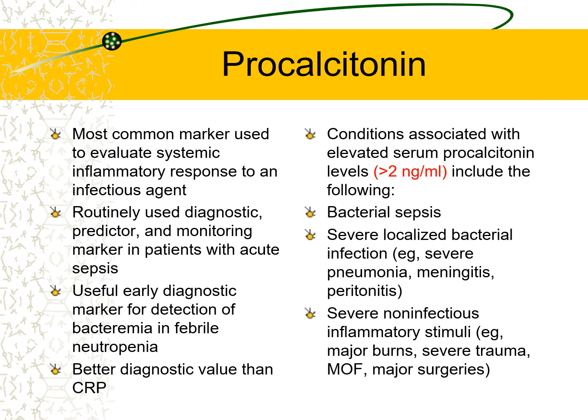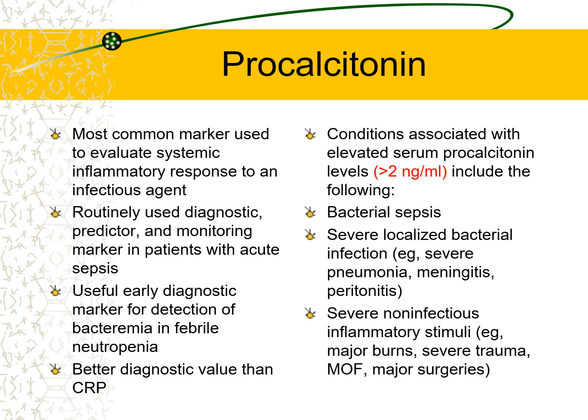The next marker is procalcitonin. This is the most common marker used to evaluate SIRS, or a systemic inflammatory response to an infectious agent. It's routinely used both for diagnosis, for predicting outcomes, and monitoring patients who have acute sepsis. So it's not like you only do it one time and that's it.